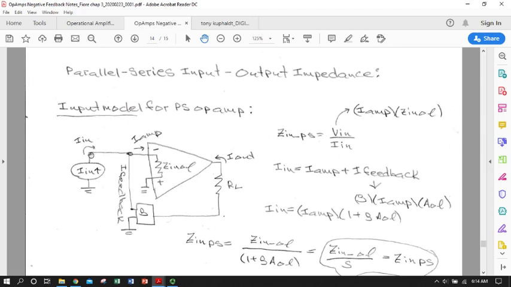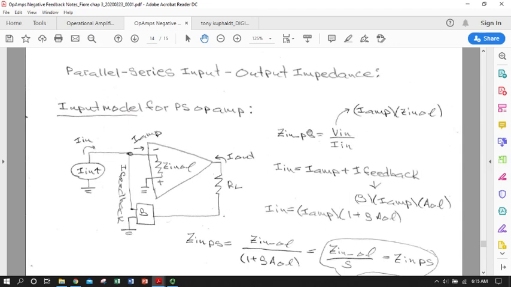So I can define V at the same place I have my input current coming out as the voltage drop over the open loop input impedance here. The current flowing through this is I amp, so the voltage drop over this resistor is just Zin open loop times the current flowing through it, which is I amp, which is Vin. So we have that here.